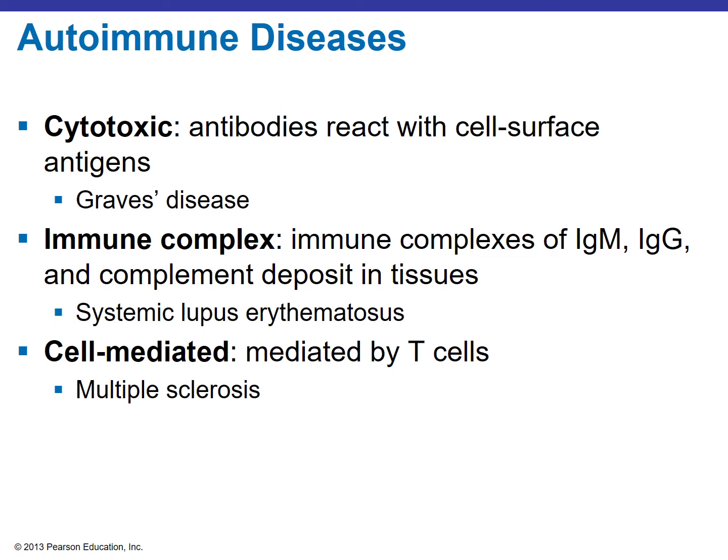So for the cell-mediated autoimmune reaction, so this would be mediated by T cells, that is multiple sclerosis that we'll talk about. Again, women are twice as likely as men to get multiple sclerosis, and it usually occurs more often in white people and also in young adults.